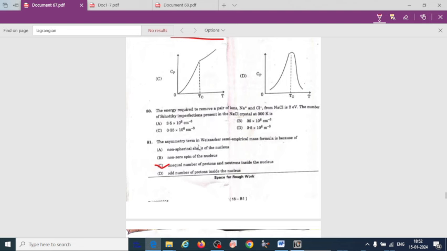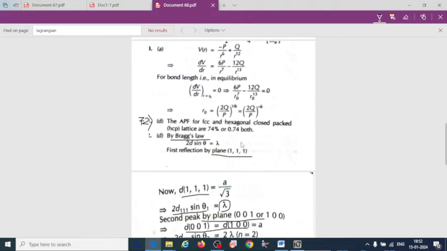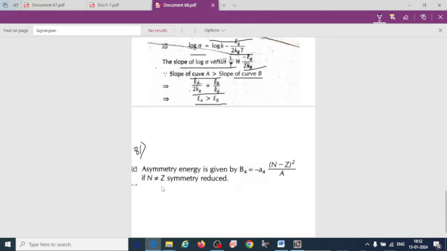The asymmetry term which occurs in the empirical mass formula is because of what? The unequal number of protons and neutrons, we can say.